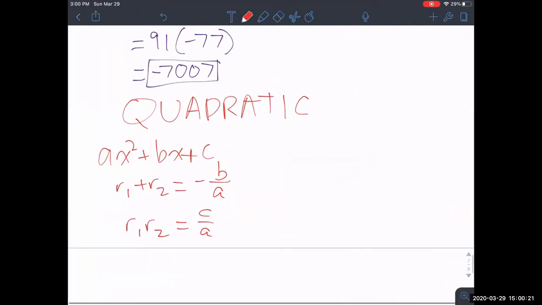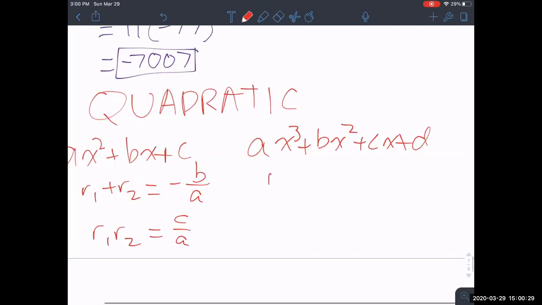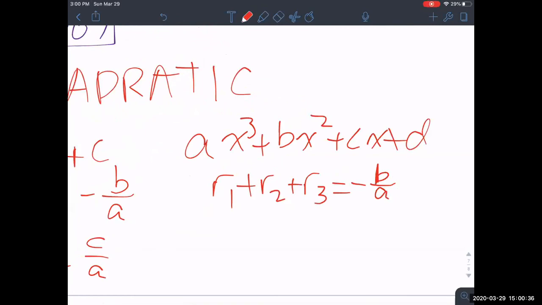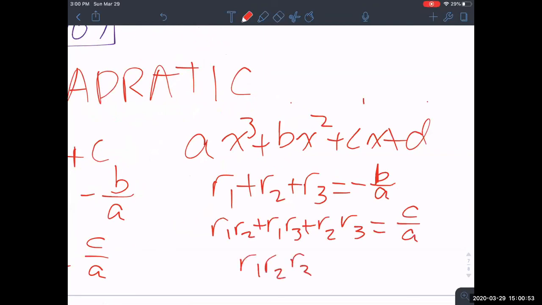Then we can extend this to cubics. Keep in mind that the signs alternate as you go from here to here to here to here. So this is going to be positive, and then this one is going to be negative again.